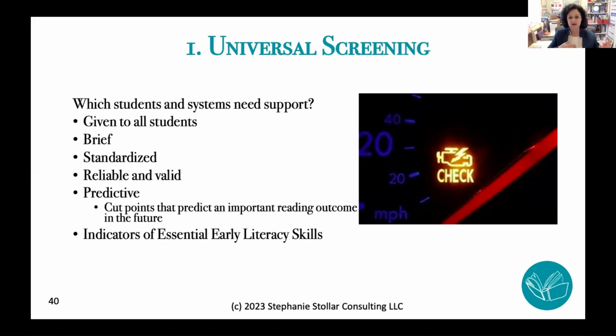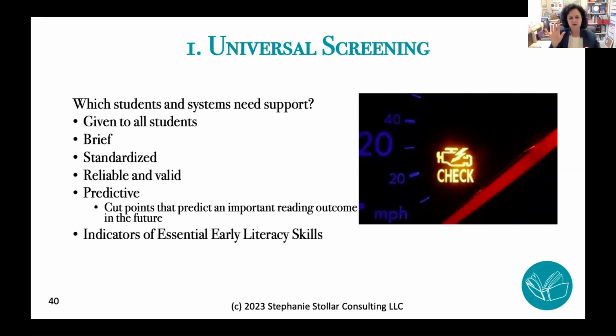So I know today that the student is or is not likely to meet that future target, and I can change my instruction to influence that outcome in the future. So along those lines, I want to use universal screening tools that are not only predictive, but are specifically indicators of the essential skills.